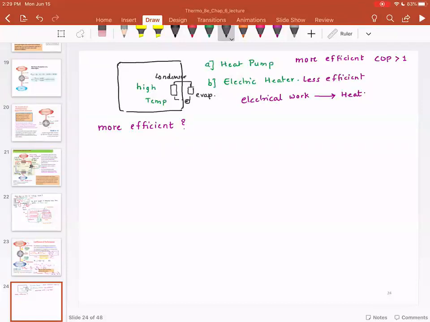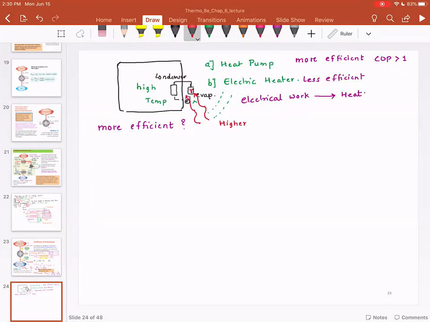What should happen is the surrounding temperature should be higher than the evaporative temperature so that the heat can flow inside.